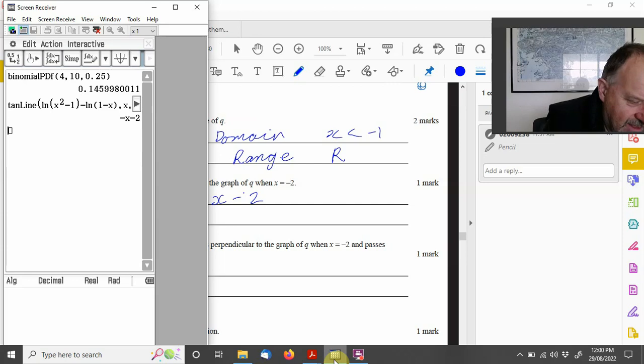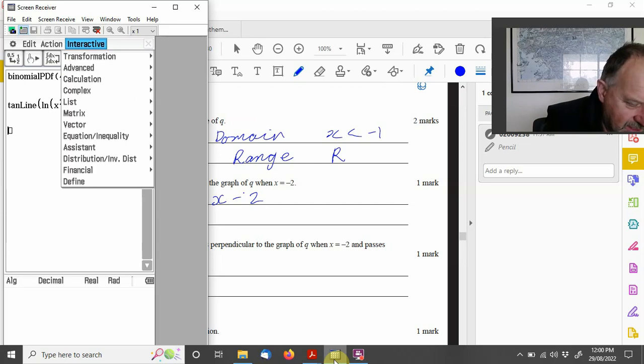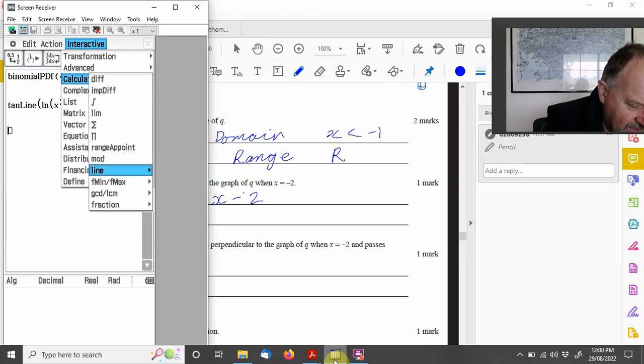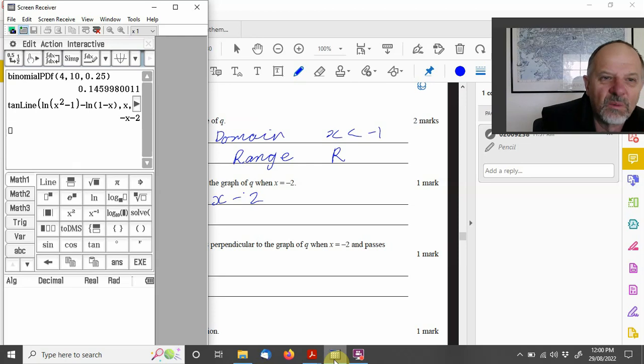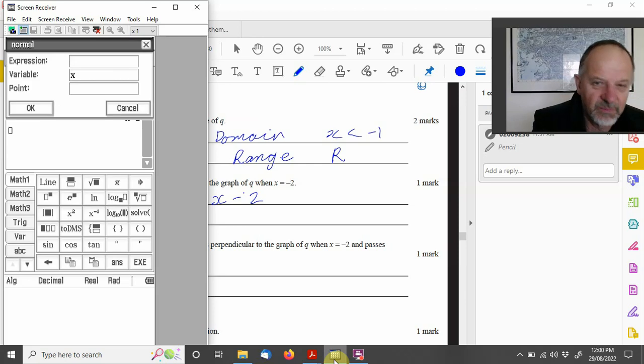Again, we'll go back to our calculator, and in our interactive and our calculation line, this time we want the norm. Our expression is the same one as before, log to the base e of x squared minus 1 minus log to the base e of 1 minus x.